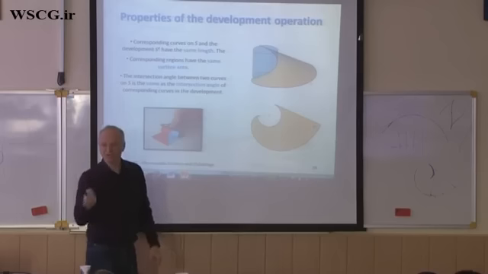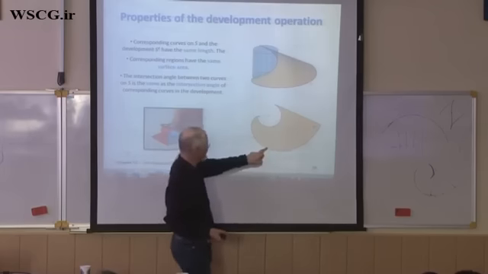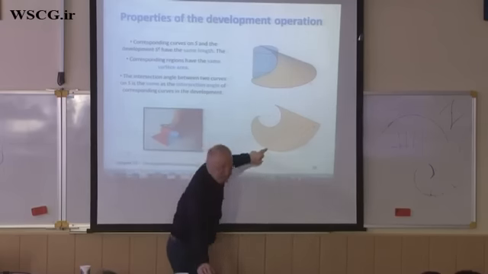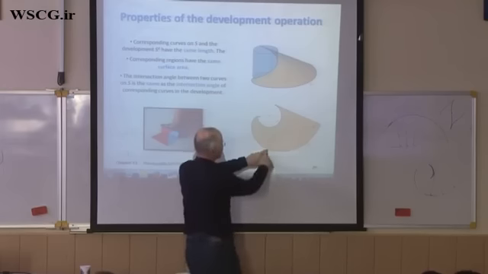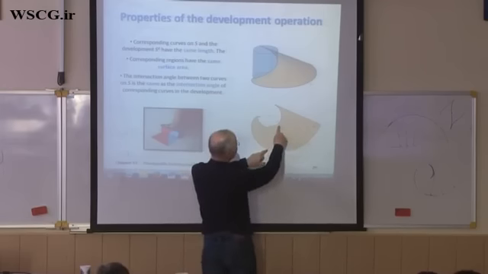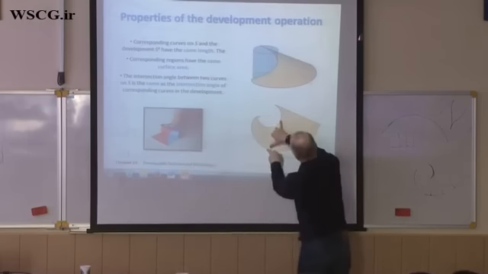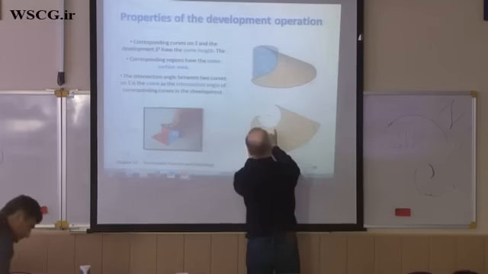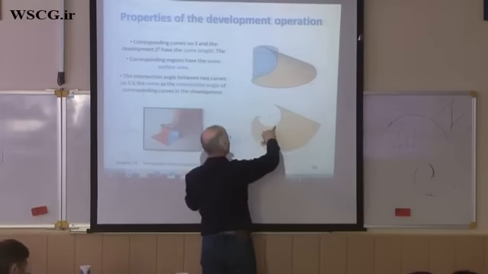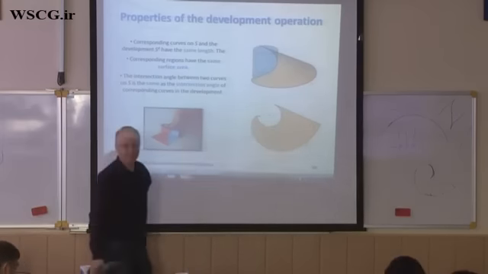Or if you look for a circle that fits this curve at this point very well, you take your compass, you look for the corresponding point on the evolute, and here then you draw this circle. This is the midpoint.